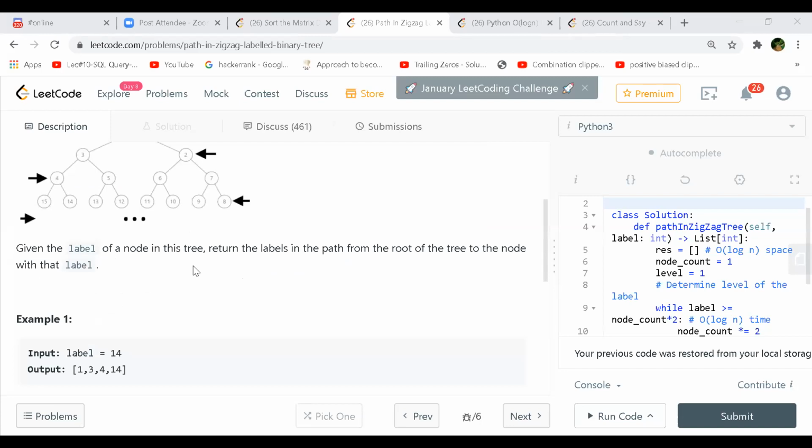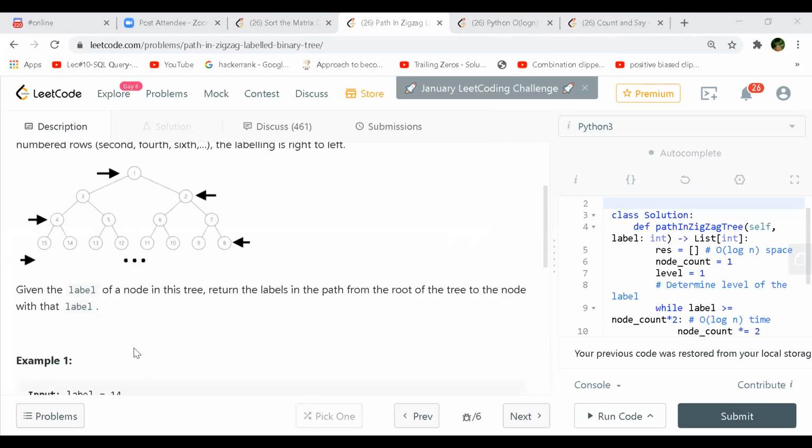We'll be given the label of a node in the tree, and we have to return the labels in the path from the root of the tree to the node with that label. For 14, we can see 1, 3, 4, and 14, this path.